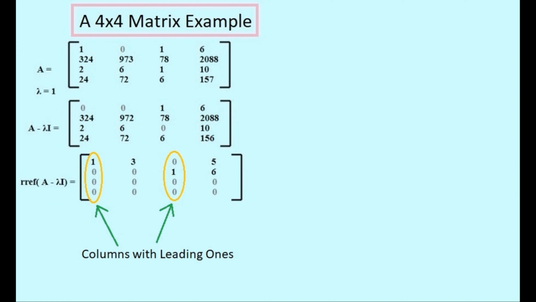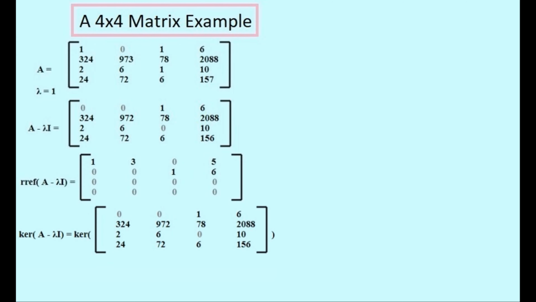And now to reduce it to reduced row echelon form. We can see here that the columns with leading ones are not next to each other, and this is important to show exactly how information is copied to the eigenvectors from each non-leading ones column.